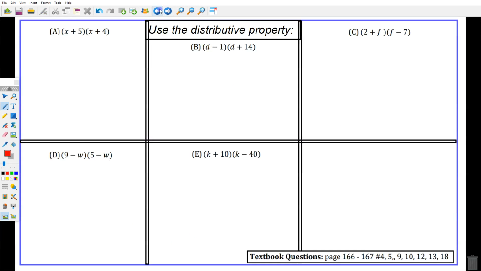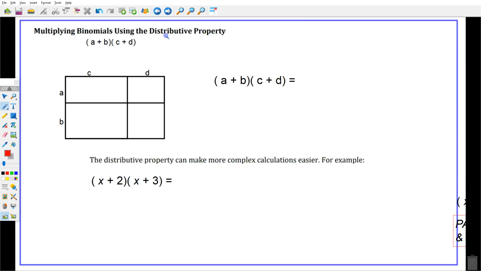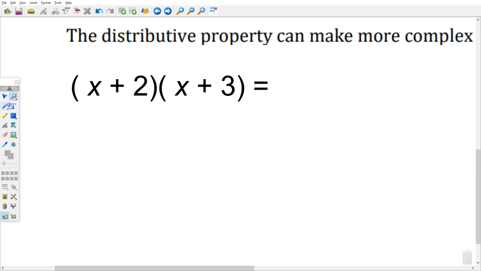Final method that we're going to look at is using the distributive property, which will oftentimes be our go-to later on. So just like we did with the area model before, we can quickly make sure that we distribute the first two items in the first set of brackets through the second one.